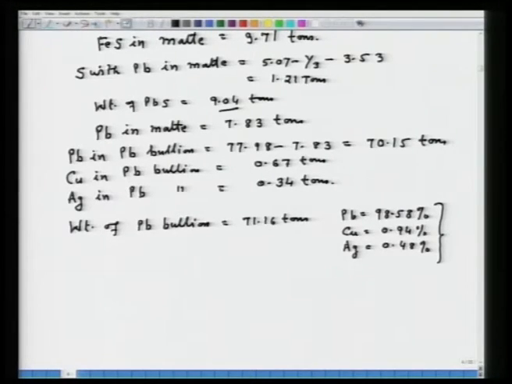Now, we can calculate the weight of mat. Weight of mat is equal to 20.42 tons.